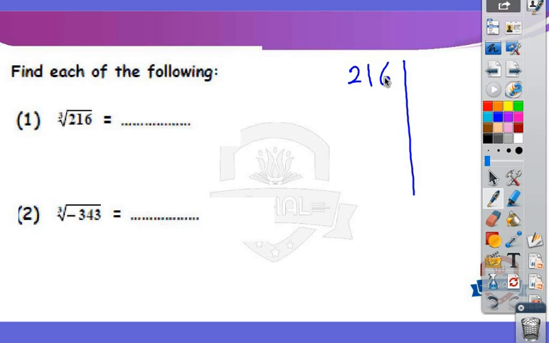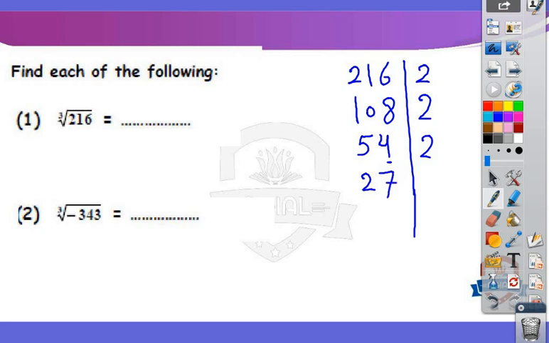Divided by 2, it will be 108. 108 divided by 2 is 54. 54 divided by 2 is 27. Here we have 27. Can you divide by 2? No. We will divide it by 3. Divided by 3, it will be 9. 9 divided by 3 is 3. 3 divided by 3 is 1.